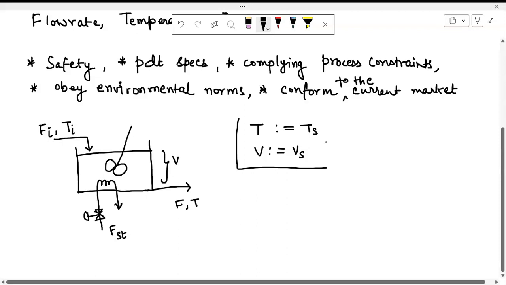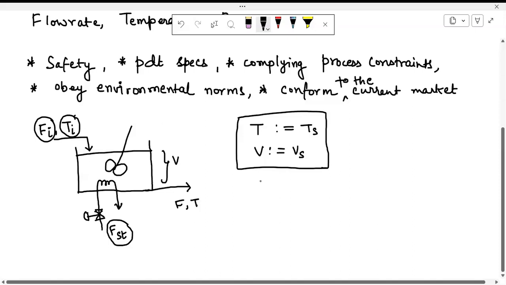So that outlet temperature can be affected by the input temperature, the input flow rate, also the steam flow rate. If there is any change in one of these three variables, then it can potentially disturb the output temperature T. Also, if there is some effect on this input flow rate, it can affect the total volume of the liquid in the stirred tank.